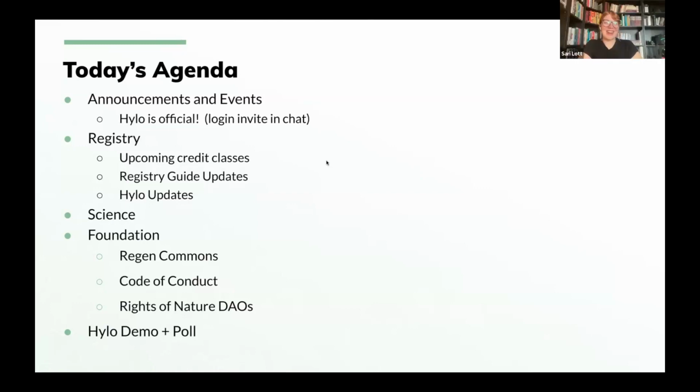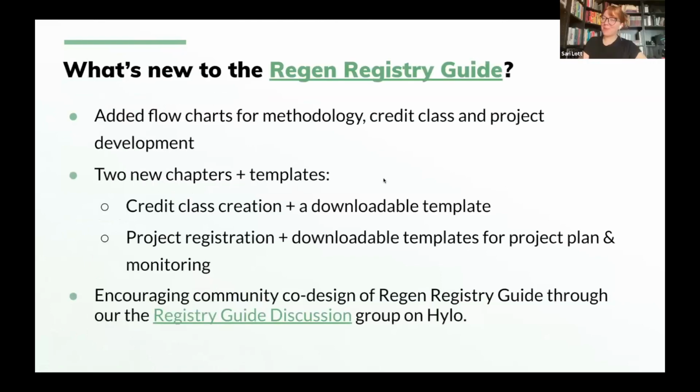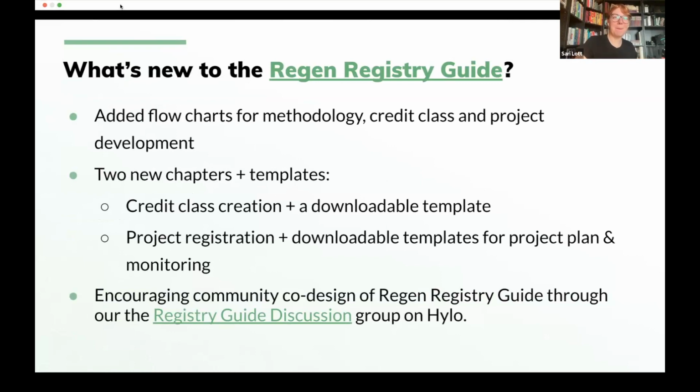Okay, cool. Sorry. Good. And I think Tika's going to start this one off. Awesome. Tika. Yeah, I can do this. So check out the Regen Registry guide. Our Science and Registry team have been working hard on updates in that. Added some updated flowcharts in methodology, credit class, and project development.